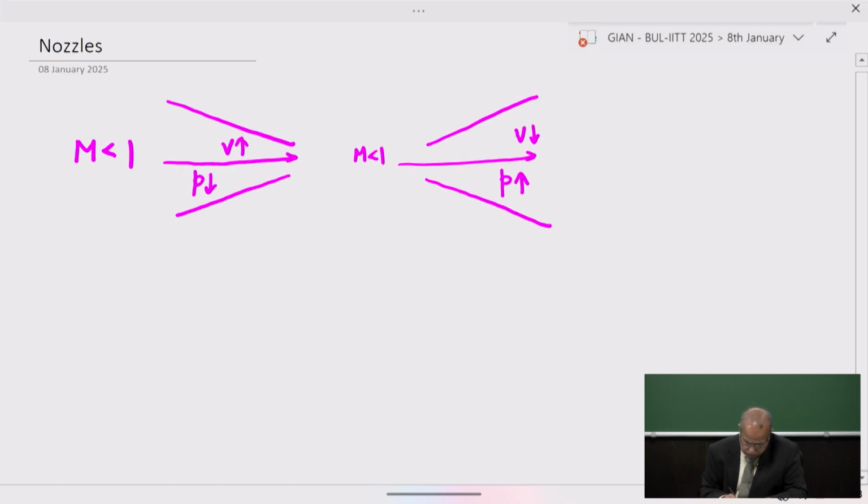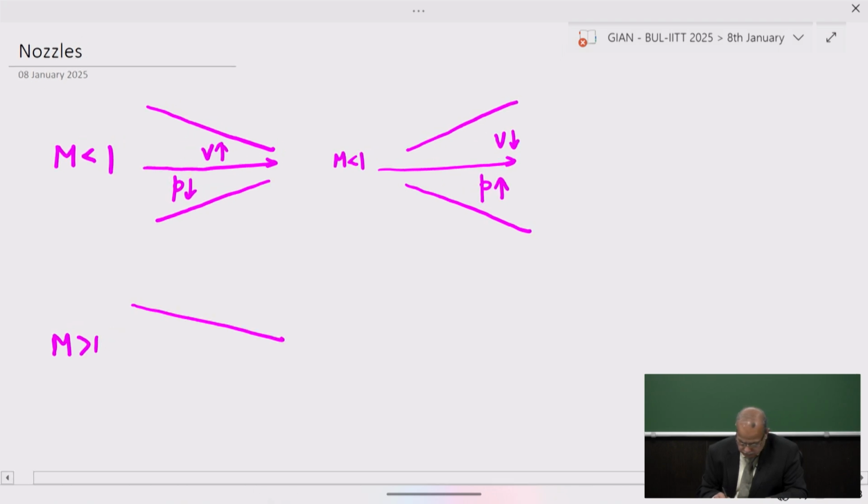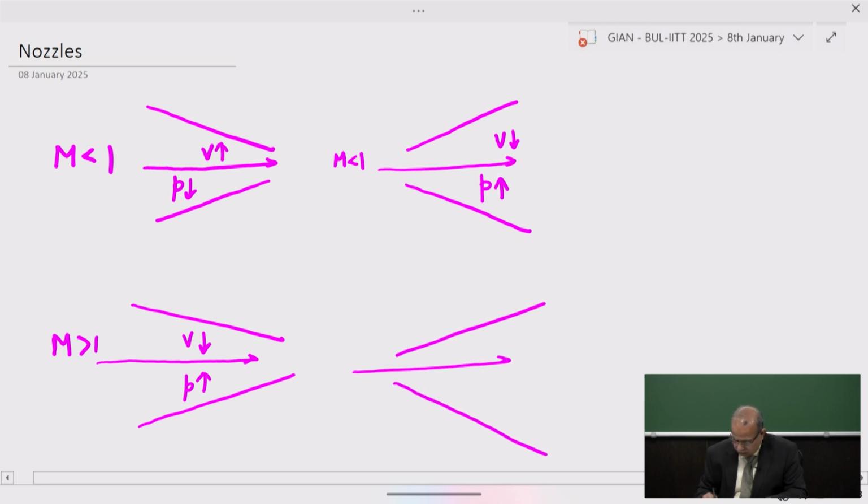We also know that when a supersonic flow enters into a convergent geometry, in the flow direction, the velocity decreases and the pressure increases. In a similar way, when a supersonic flow encounters a diverging geometry, in the flow direction, the velocity will continue to increase and the pressure will decrease.